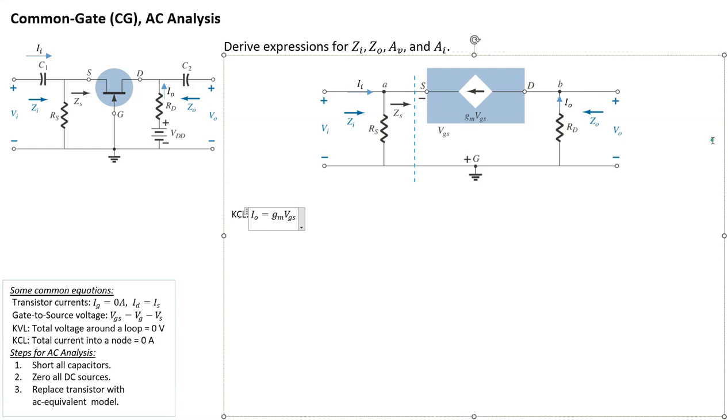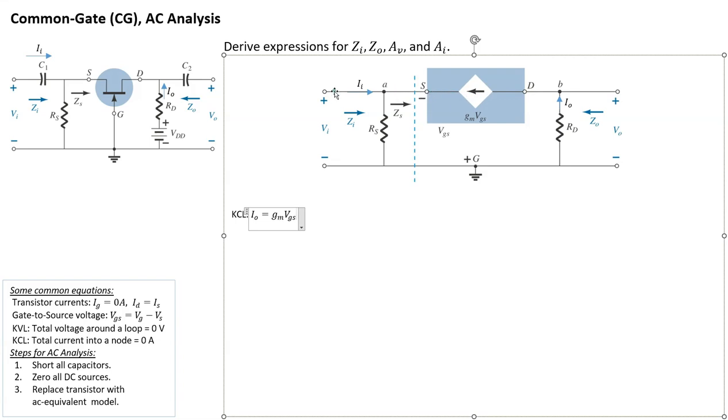Now let's have a look at the II side. On this node A, there is a flow of current through RS coming down, which is a combination of II flowing from left to right towards this point, and GMVGS coming in from right to left.